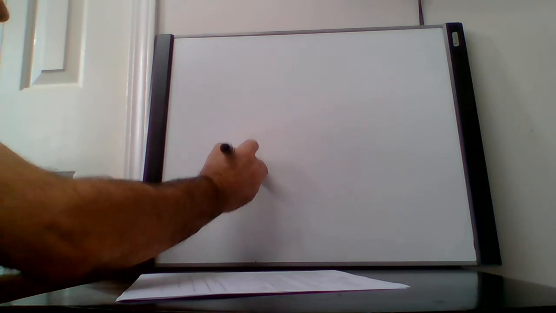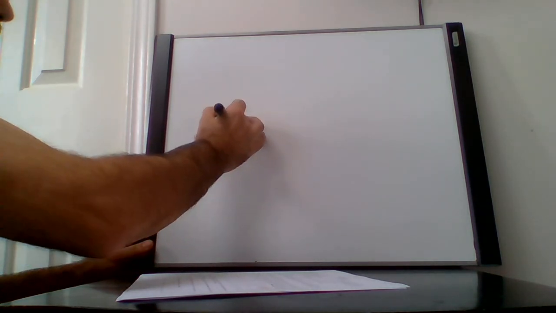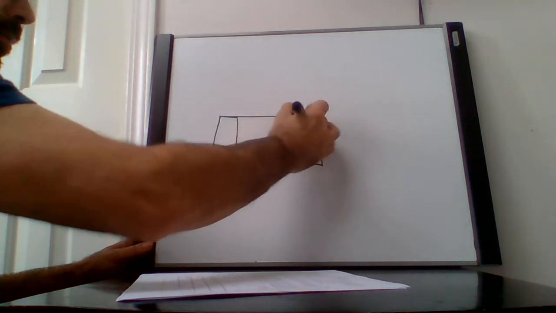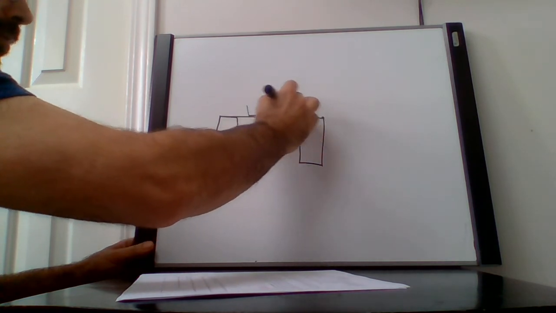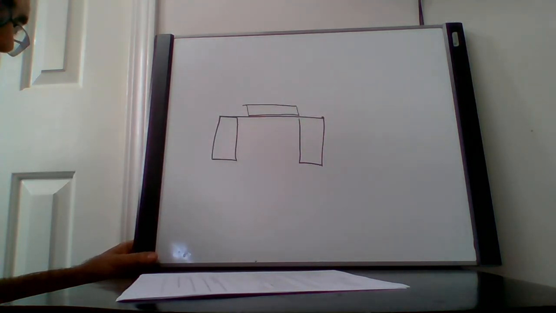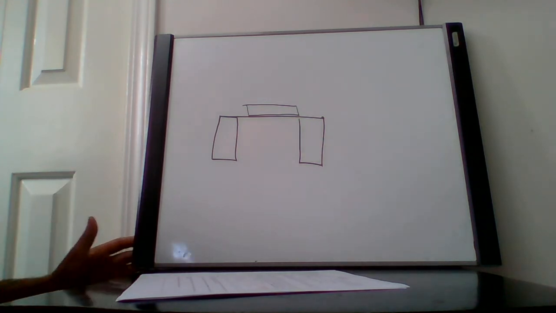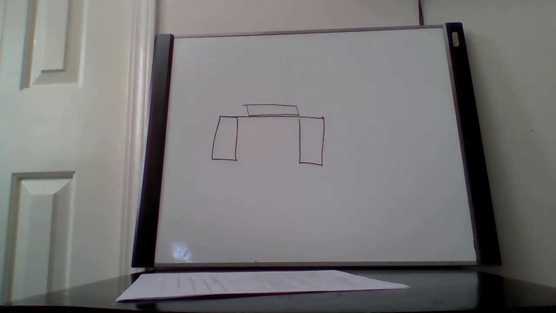Okay, just a couple examples here. Imagine a book sitting on a table. Okay, so we have our book sitting on the table here. Now we have this force of gravity pulling down on the book.